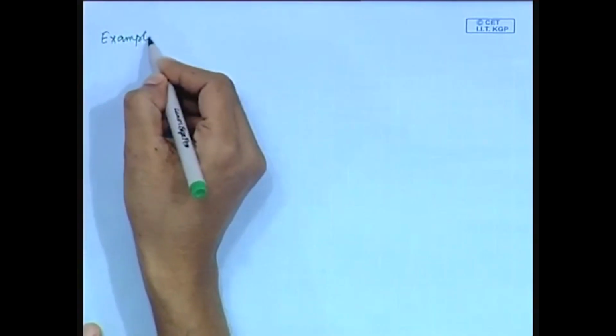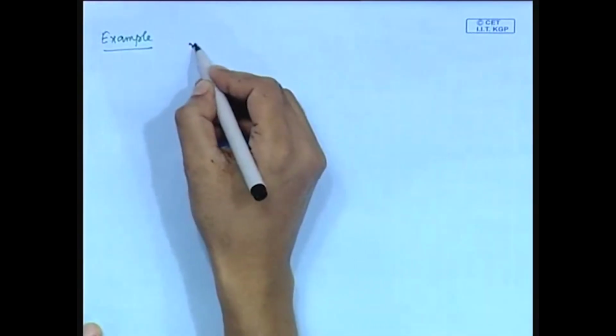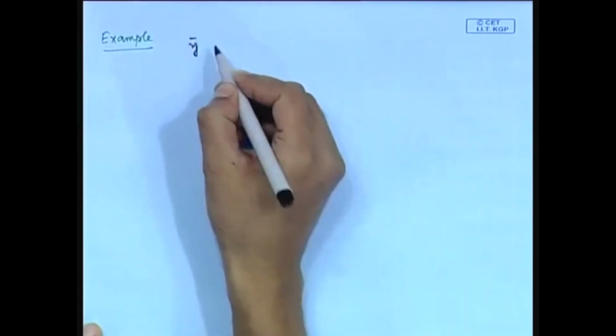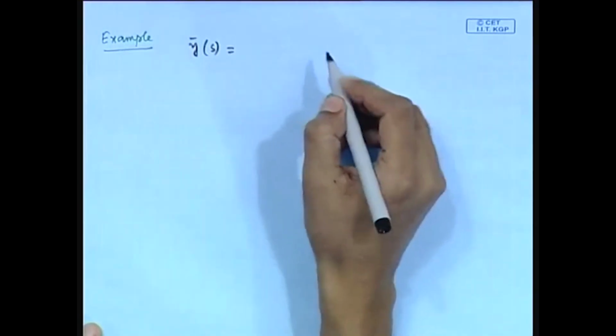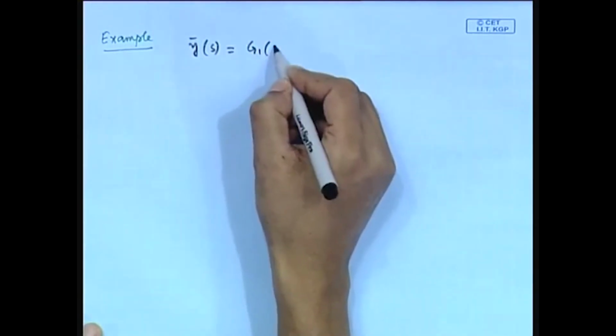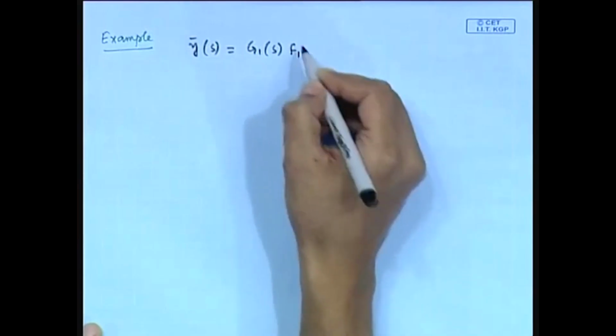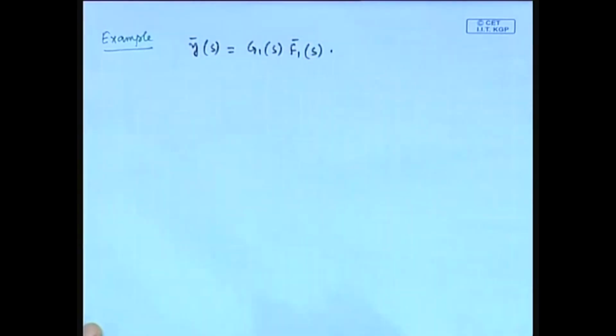Now, we will take one simple example to explain the concept of poles and zeros. We will consider the equation in s domain, that is G1(s).